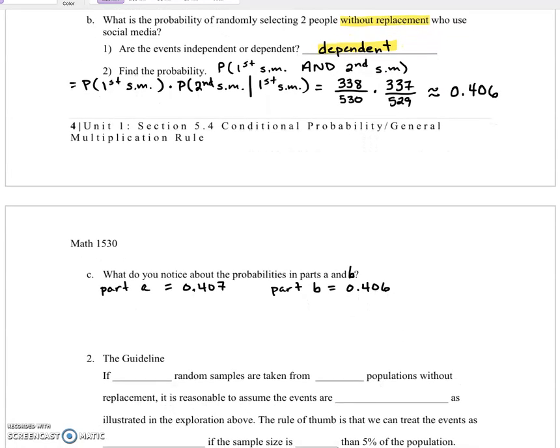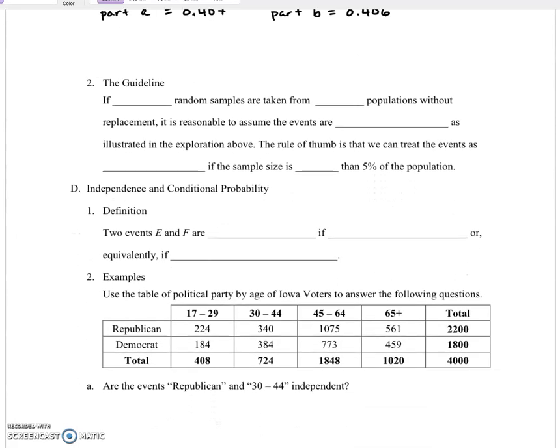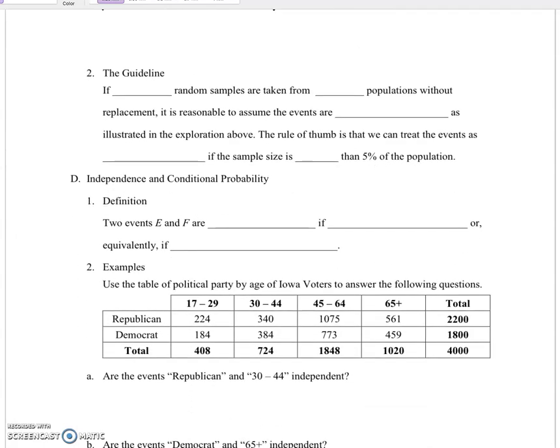So that brings us to something we call the 5% guideline. So the 5% guideline says if small random samples are taken from large populations without replacement, and remember, without replacement means dependent, it's reasonable to assume the events are independent.